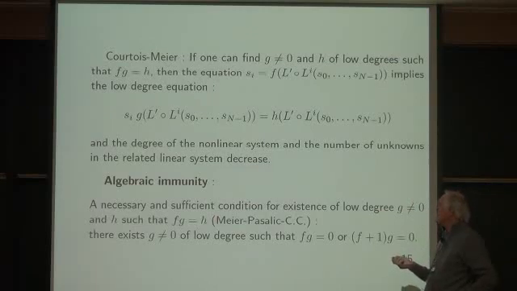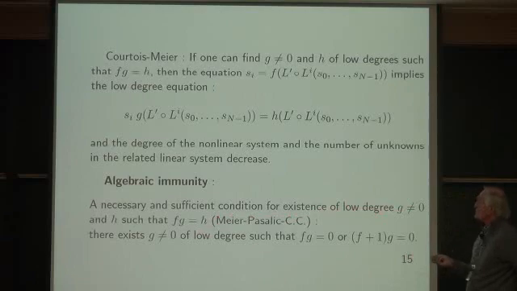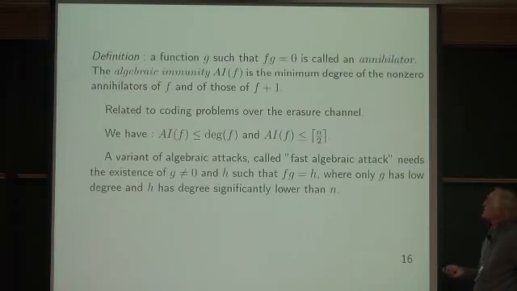Finally, a necessary and sufficient condition for the existence of such low degree functions g and h, such that fg is h, is that there exists a non-zero g of low degree such that either fg is 0 or (f plus 1)g is 0. It's equivalent to have these functions of low degrees and to have this single function g such that either this or this. And this led to the notion of algebraic immunity.